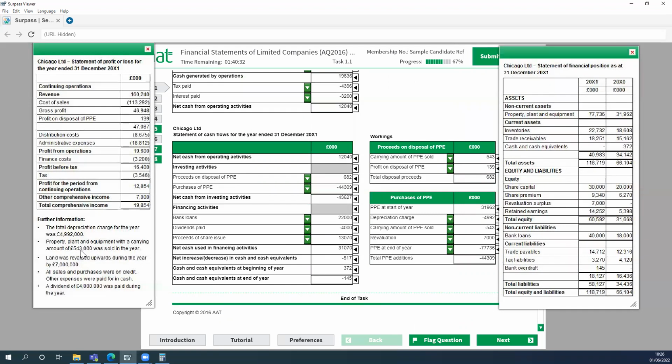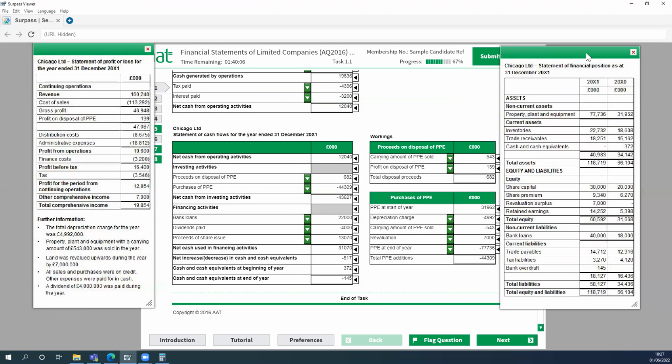So the carrying value is 543,000, and we made a profit on disposal of 139. So all we're doing is we've got the carrying amount, 543, add the profit, 139, means that the total proceeds are 682, okay? And again, if you've got a loss on disposal, it means you would take it off the carrying amount, wouldn't you? All right.